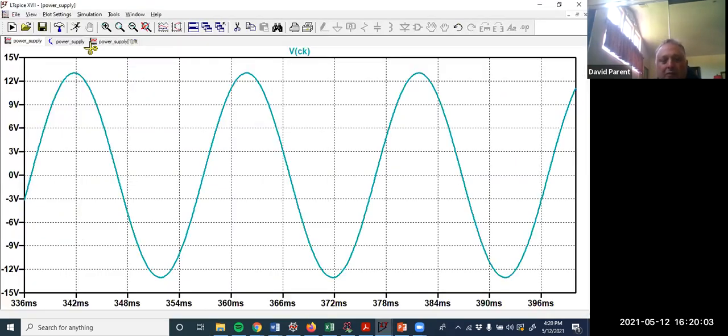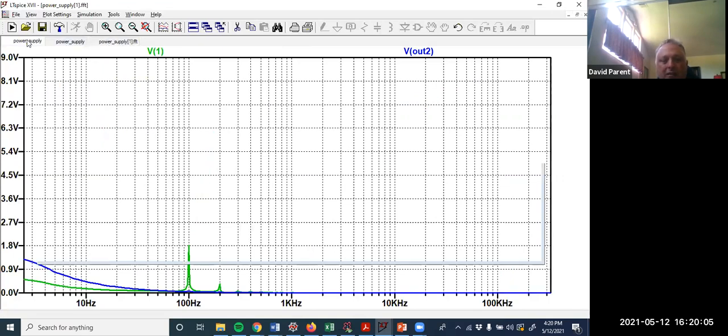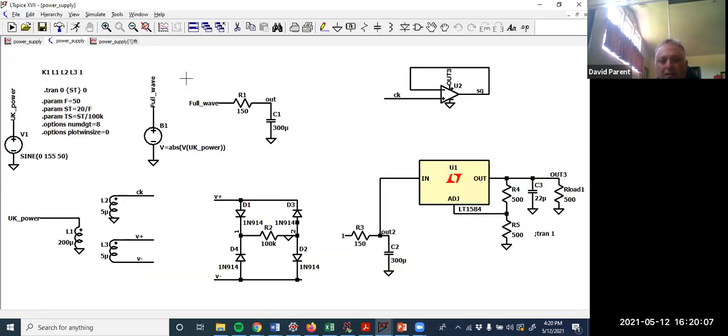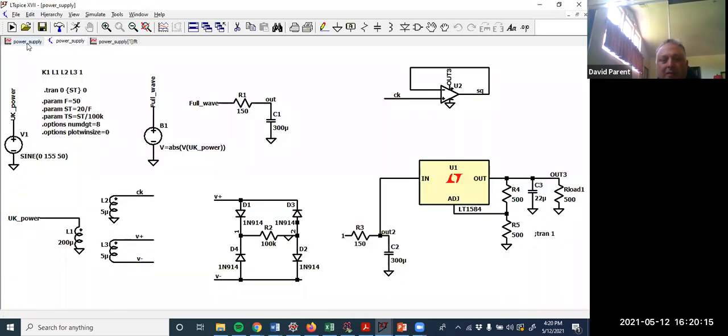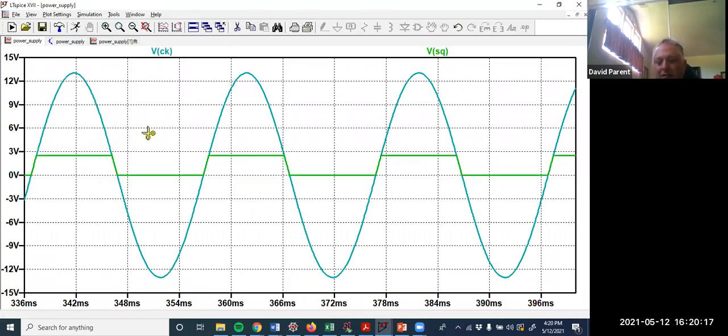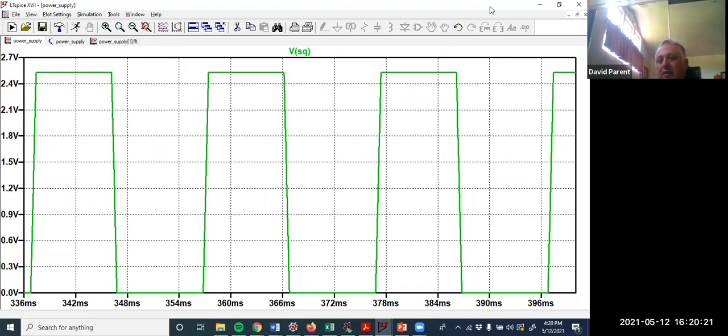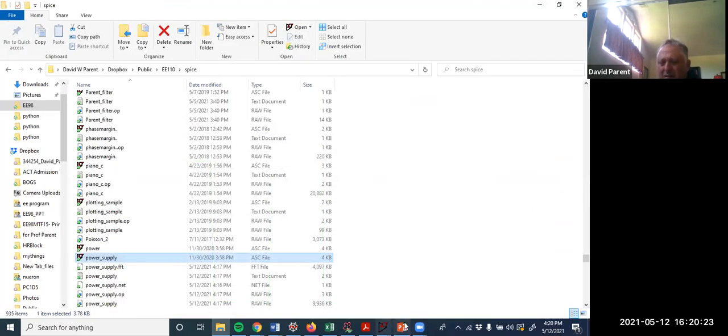And I put it into just an op amp with a power rail. And it just tries to go above the rail and turns it into a square. Okay, is that what you wanted?